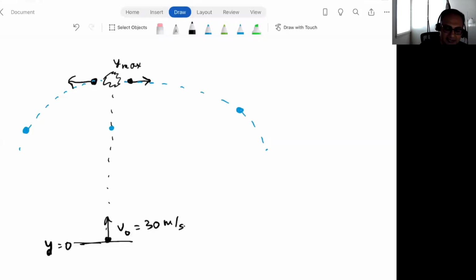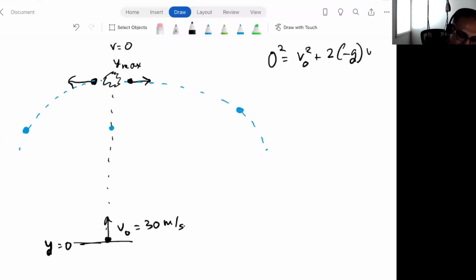If you use the third kinematic equation, you know that velocity is 0 at the top. So 0 squared is equal to v initial squared plus 2 times negative g times y final minus y initial.